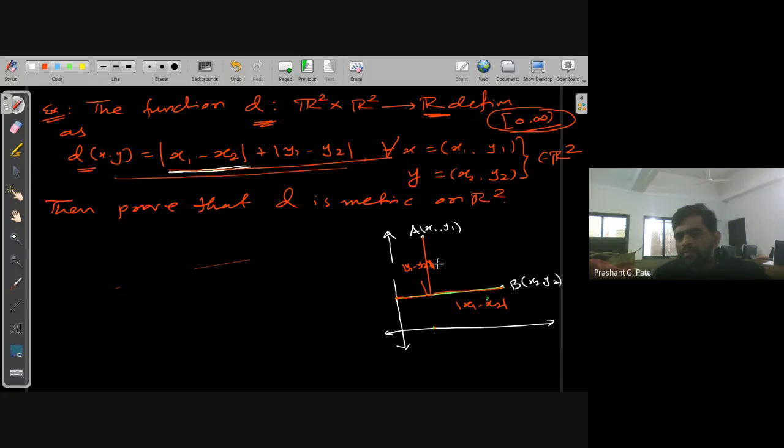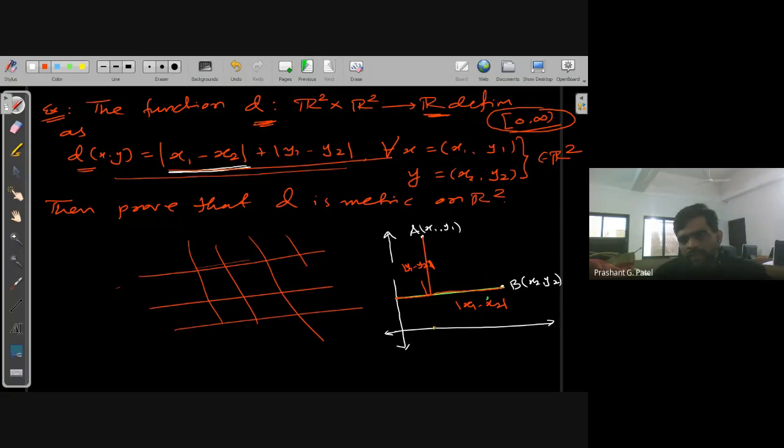So in general you can consider one grid of horizontal and vertical lines. If you want to find the distance between these two points, then the distance is this, going through a neighboring point, either this one or this one, whatever.